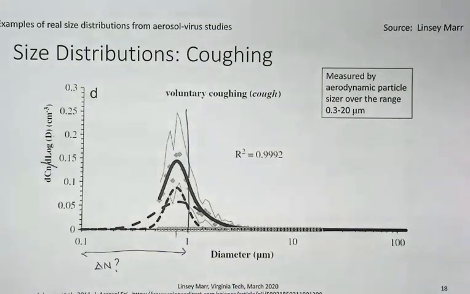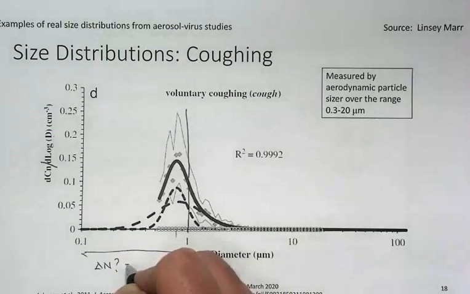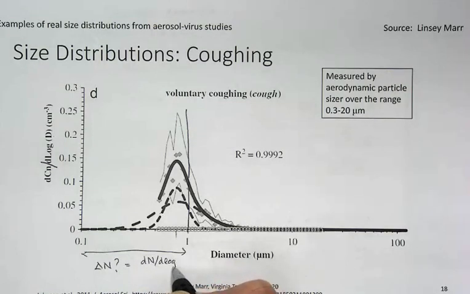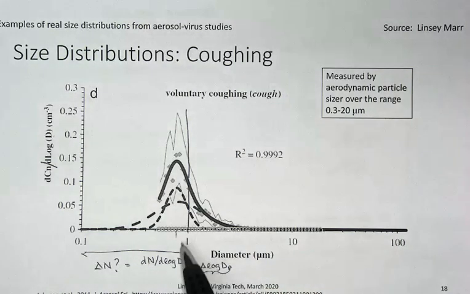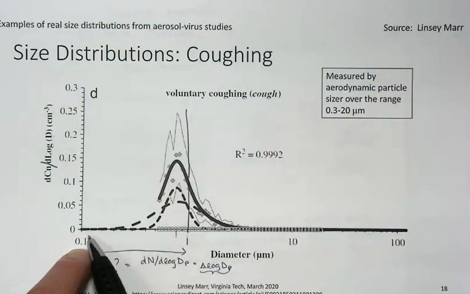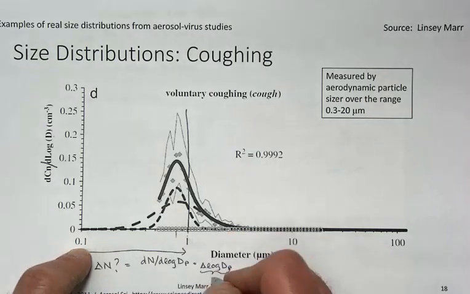How many particles is going to be proportional to the function height, dN d log dp, times delta log dp. Well, delta log dp is the base 10 log of 1, which is 0, minus the base 10 log of 0.1, which is negative 1. So that's 1.